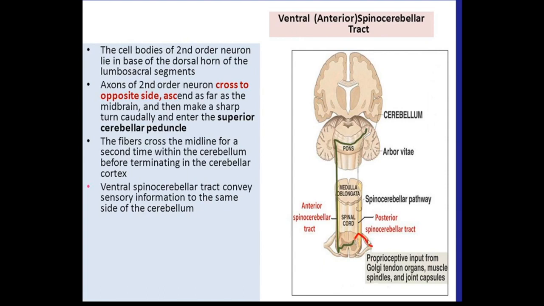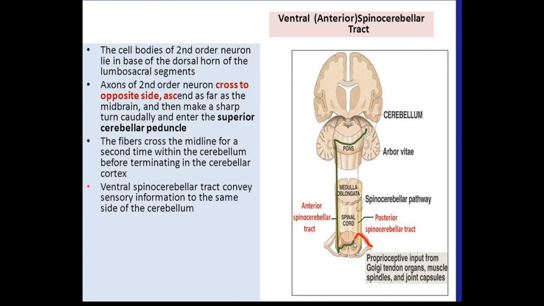Then this tract enters the spinal cord gray matter, posterior horn, and cell bodies of the second neurons lie in the base of the dorsal horn of the lumbosacral segments here.